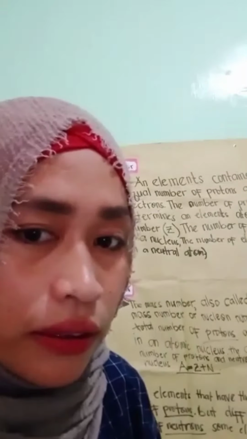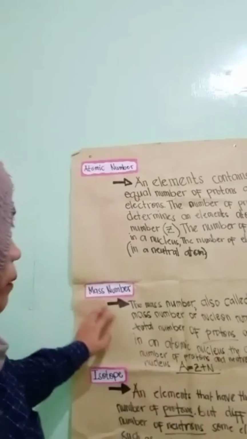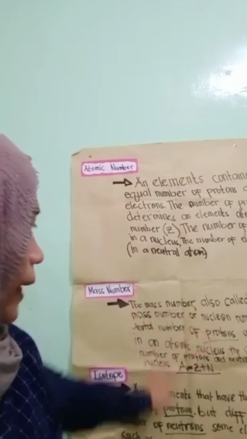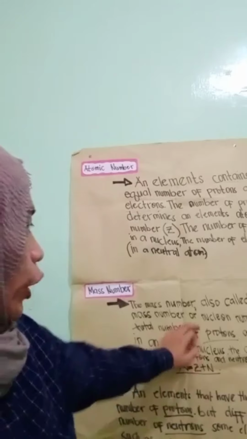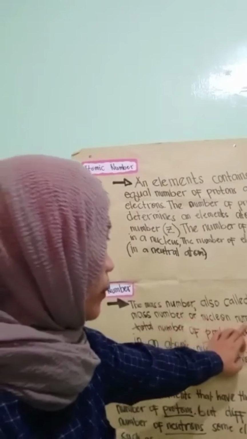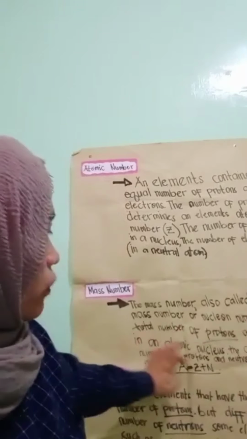Let's continue. Next is the mass number. The mass number, also called the atomic mass number or nucleon number, is the total number of protons and neutrons in an atomic nucleus.